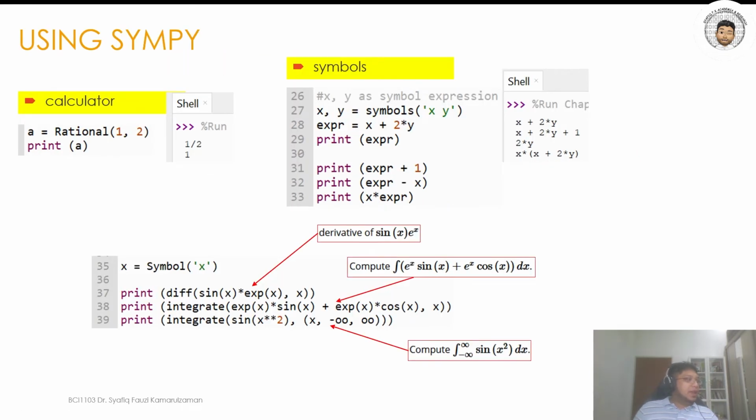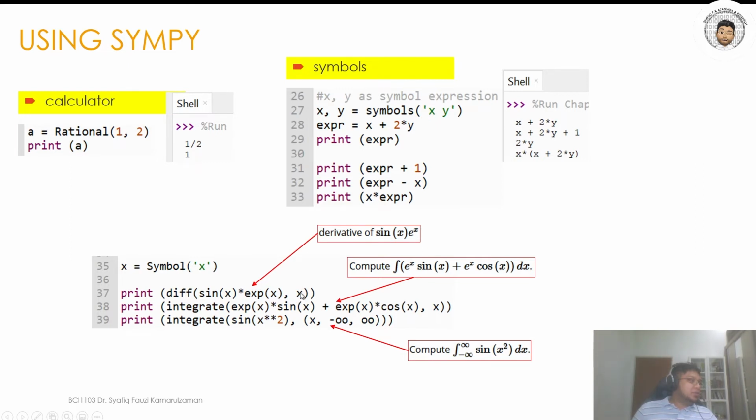Other than that, for example, you want to make integral, derivation, differential and integral. So this one is the derivative of sine x times exponential x. So you have here differential of sine x times exponential x, and this is x.